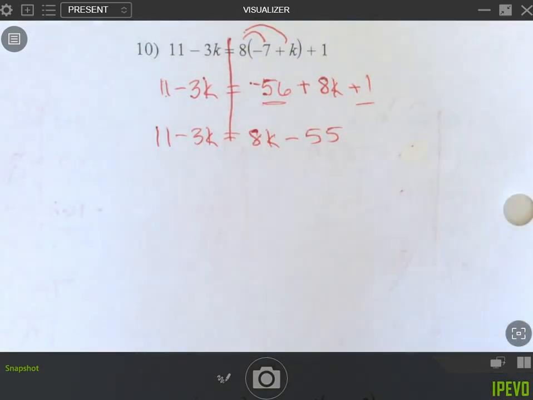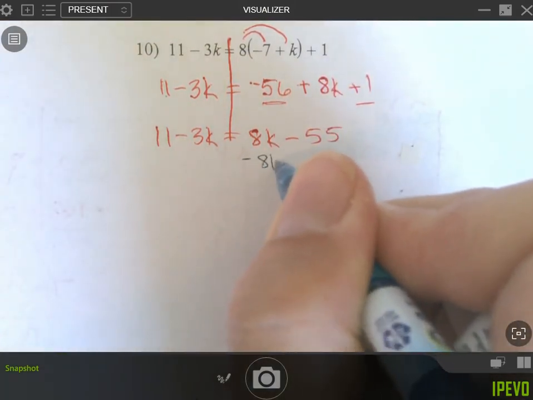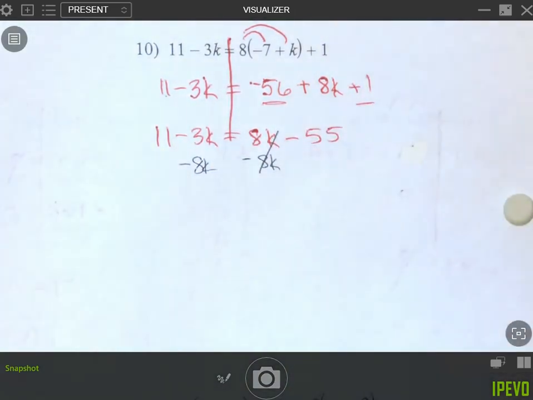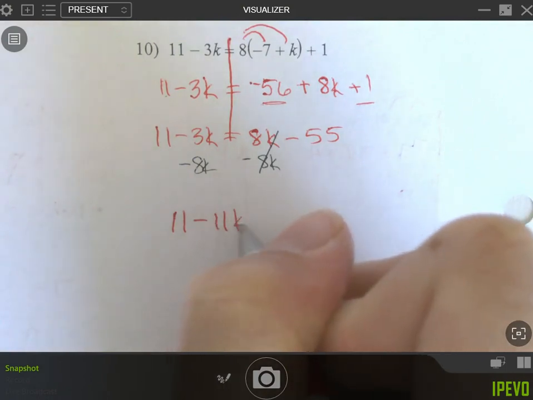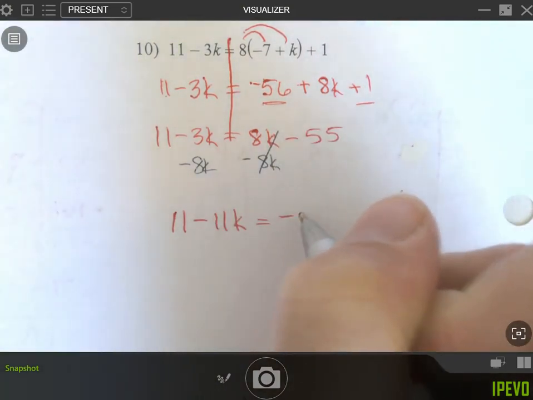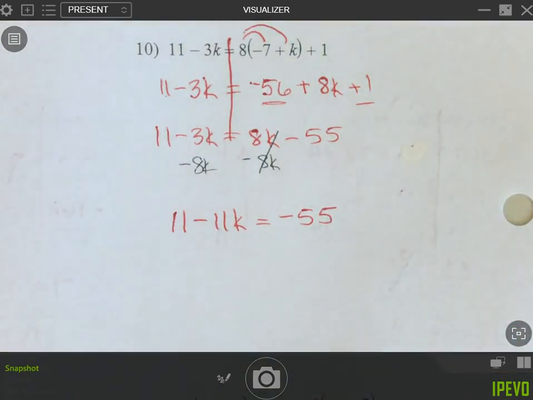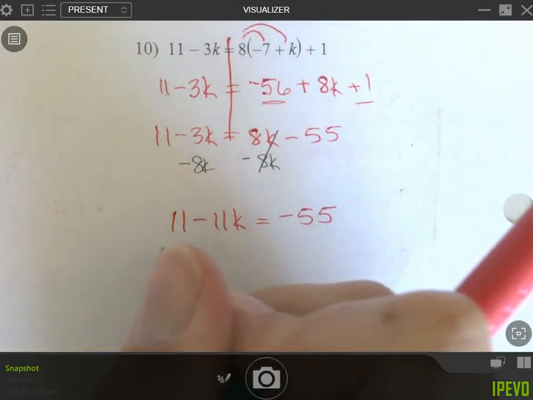Okay, now this is my preference. You can do what you want. I normally end up just taking the k and I move it to the left. So that's going to cancel, and I get 11 minus 11k, and that is gone, and I get negative 55. Now, you might have gone a different direction, and that's okay. But if I'm here, the next thing I'm going to do is locate k and get rid of anything else, like that 11.